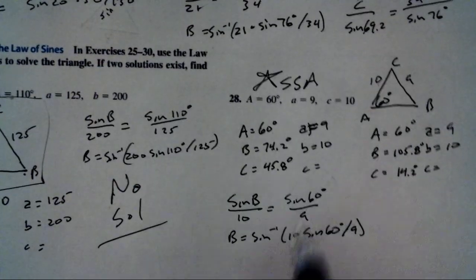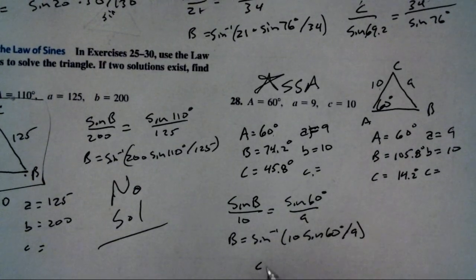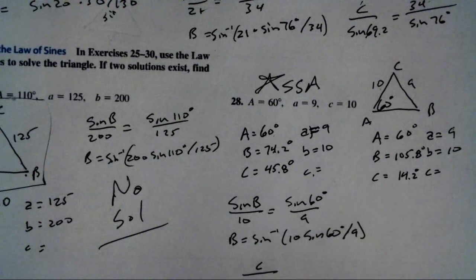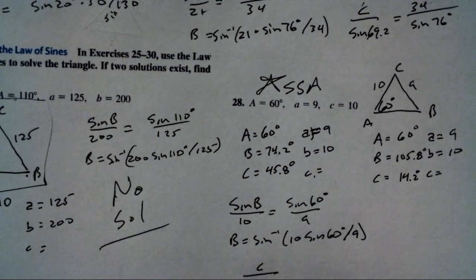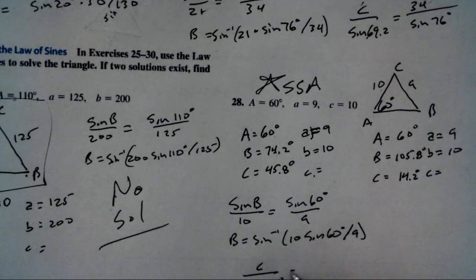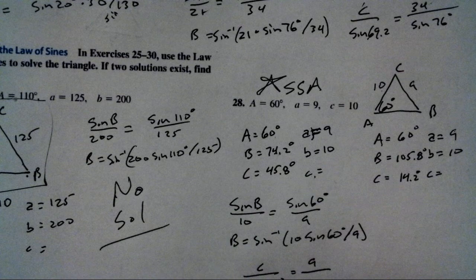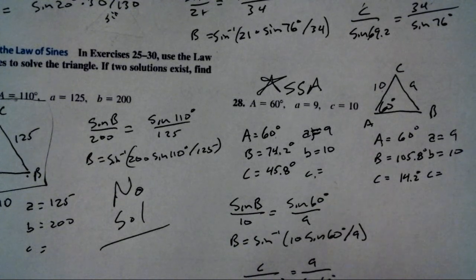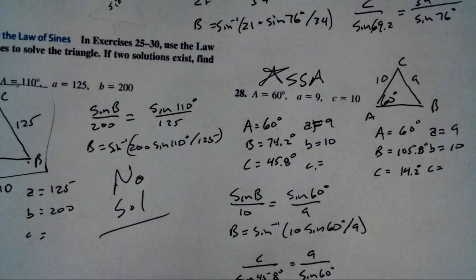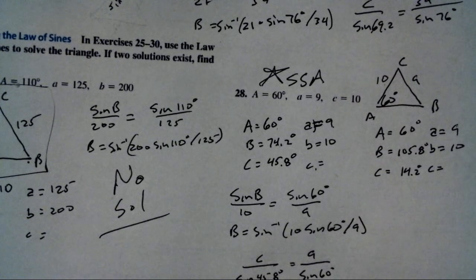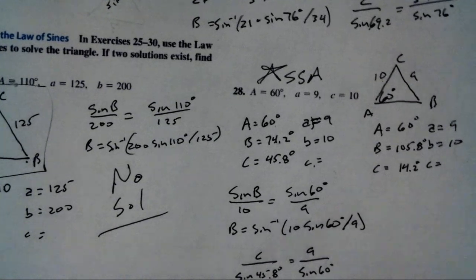Okay, so now let's find side C. Side C on sine of 45.8 equals, I'm going to go back up to side A, 9 on sine of 60. So C equals, have to multiply this across, sine of 45.8 degrees times 9 divided by sine of 60 degrees.